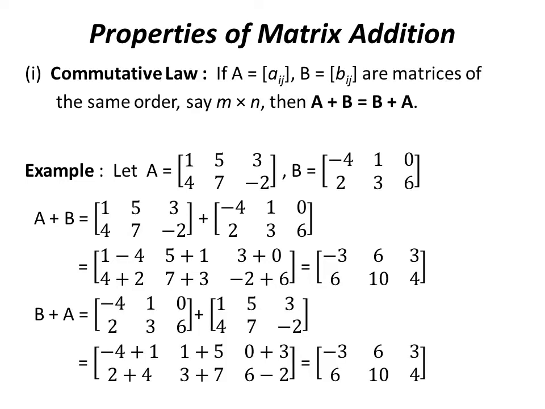Now to find B plus A, first write matrix B, then write matrix A. Again add the corresponding elements of matrix B and matrix A. We get a matrix with elements -3, 6, 3, 6, 10 and 4. As we know, addition of real numbers is commutative, so matrix addition is also commutative.